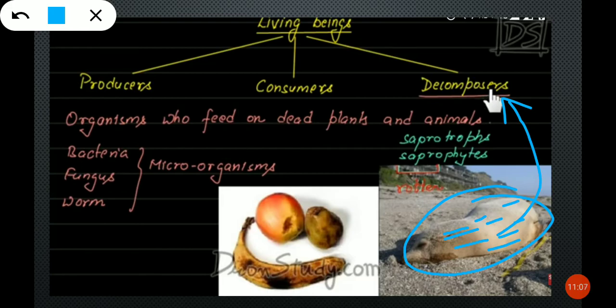That is the reason they convert the complex substances into nutrients. So those nutrients are taken by decomposers as food. Decomposers take some of the nutrients as food, and the rest of the nutrients will remain.